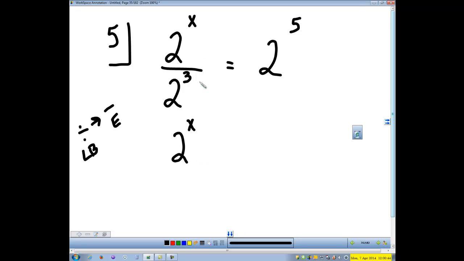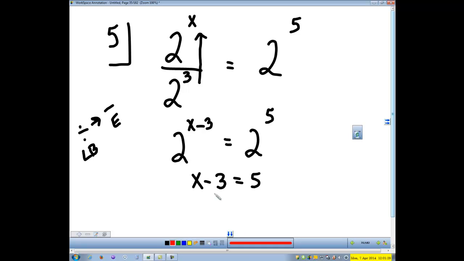So I'm going to subtract and bring this one up. Leaves us 2 to the 5th. When we divide like bases, we subtract the exponents. So now I have 2 to the x minus 3 power equals 2 to the 5th power. Set these equal to each other and solve for x. Add 3 to both sides gives us x equals 8.